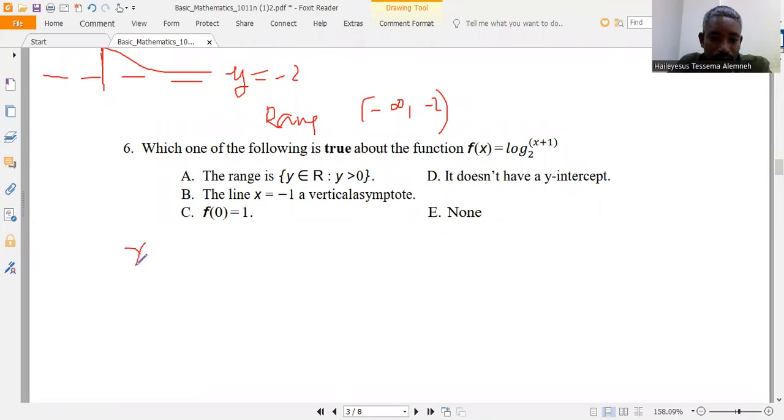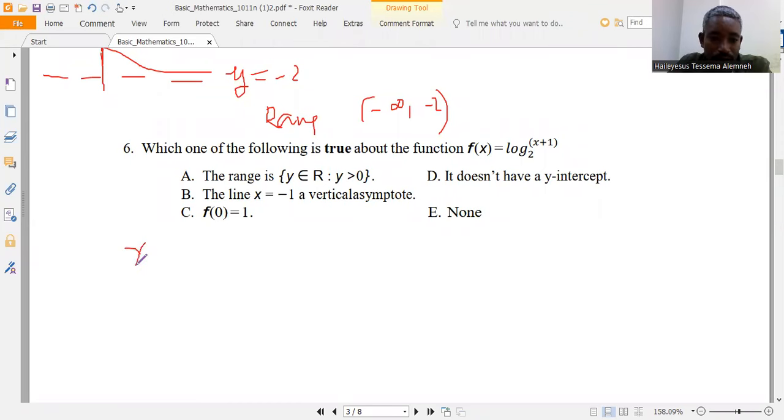It's the same. Y equal to log of x plus 1 in base 2 is the same as 2 to the power y is equal to x plus 1. So we can now find the graph of this function.